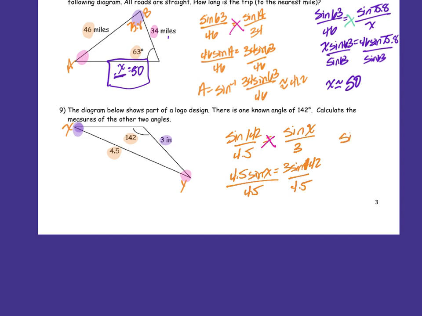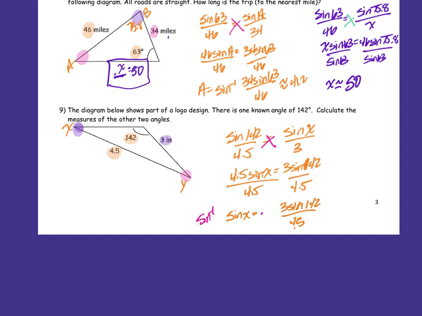So sine of x is going to equal 3 sine of 142 divided by 4.5.